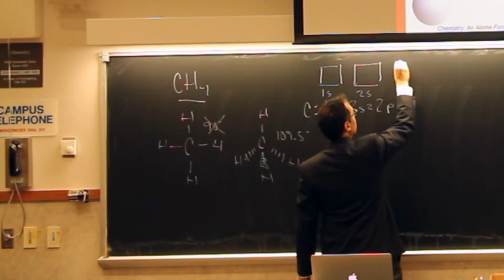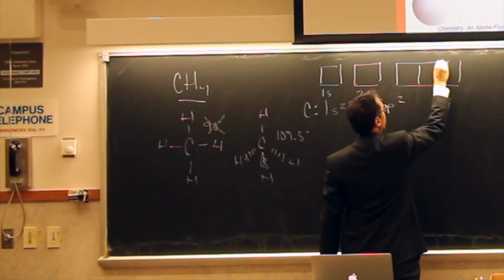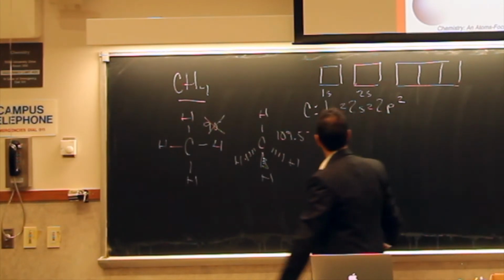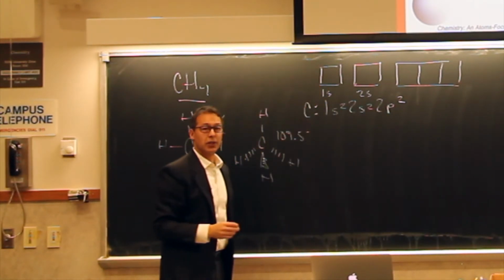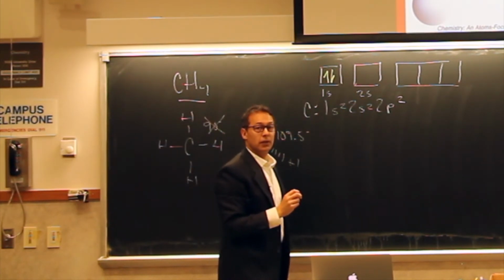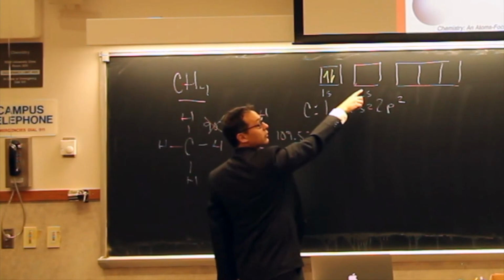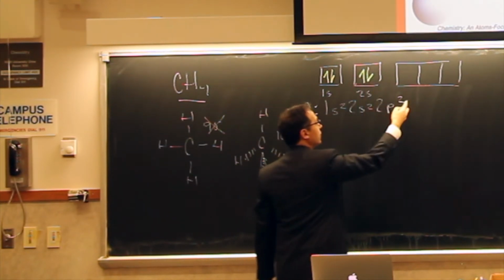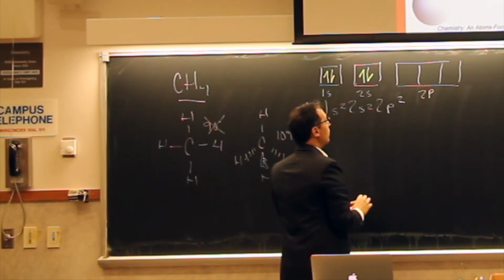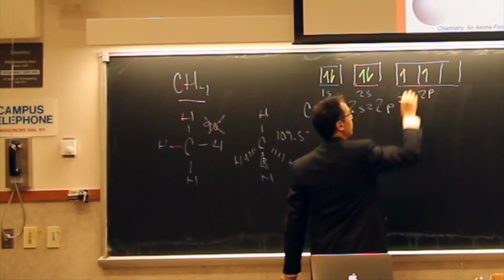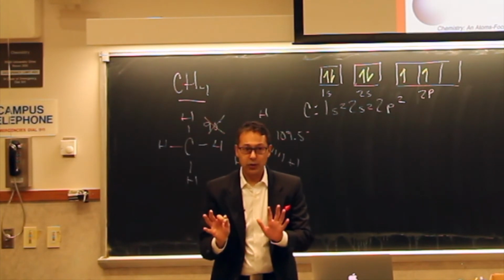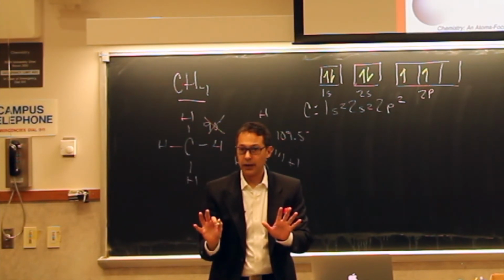And I'm going to throw in my electrons. How many electrons go in this first box? 2. How about this box? 2. And then as I come over here to my 2p orbital, I'm going to go like this. Okay. Now this is review as well. This is orbital notation. Any questions so far?